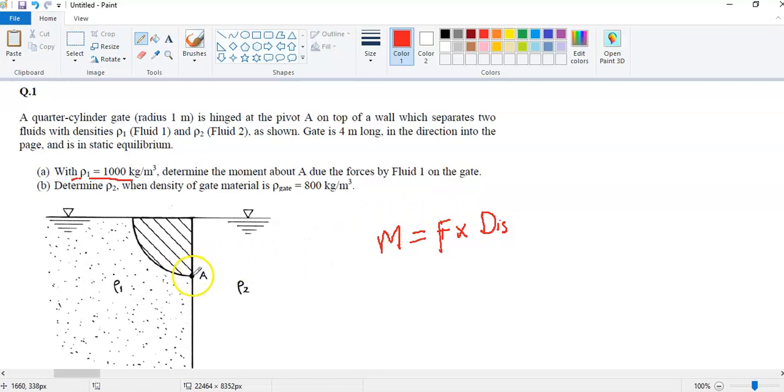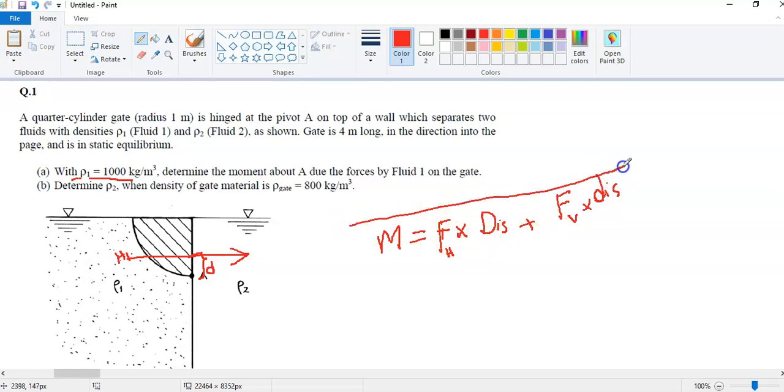So if you calculate the moment about A, and your horizontal force is acting through this surface, say the horizontal force is H1 acting this way, and this is your distance d. So the moment about this point is the horizontal force times the distance. Similarly, the vertical force and its distance. So the moment is the horizontal force plus the vertical force, each with the corresponding distance.